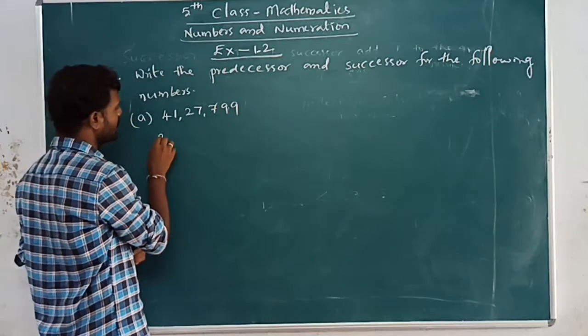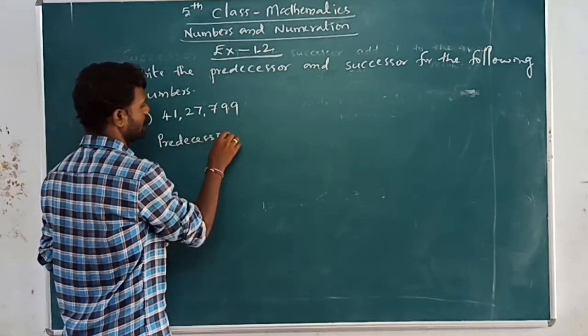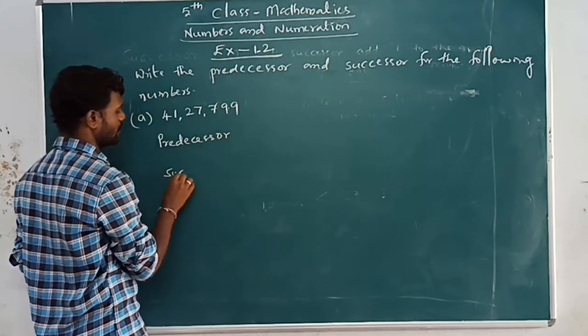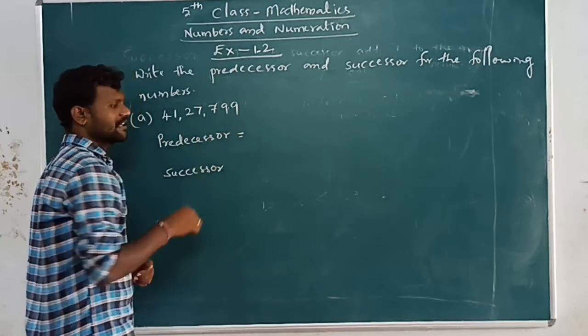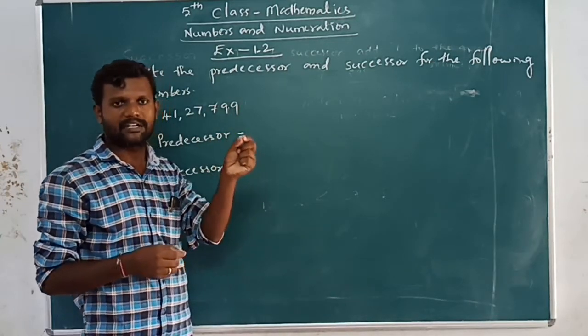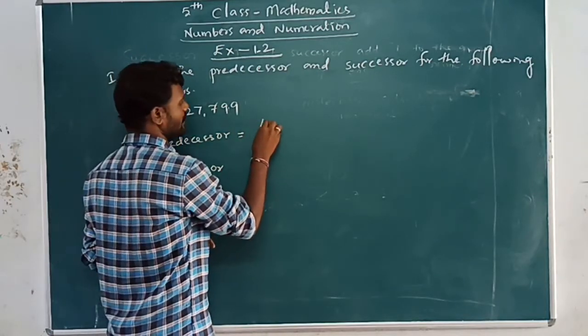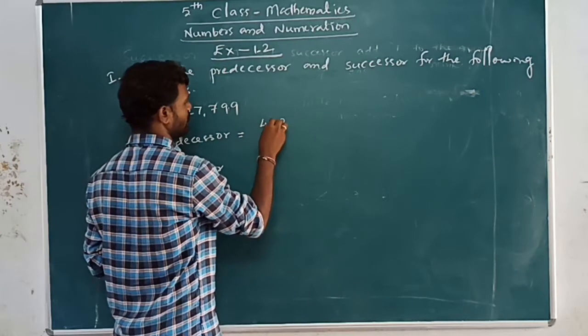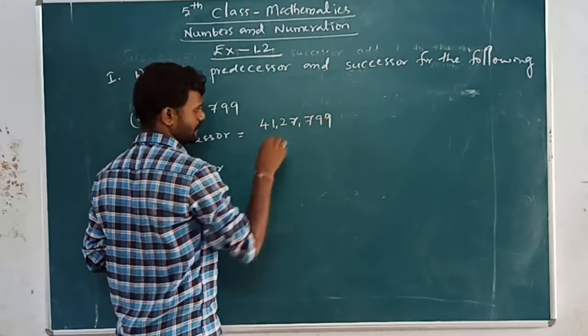How can we write the predecessor? I already said predecessor means subtract 1 from the given number. What is the number given here? 41 lakhs 27,799.